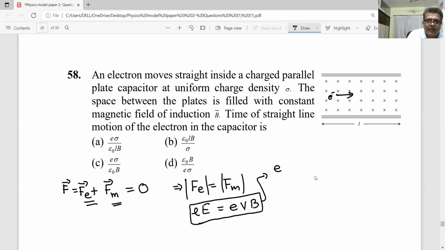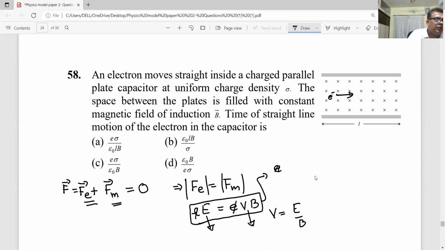E is the expression of the electric force, and this is the expression of the force due to the magnetic field. Velocity we want, because we need the time for the straight line motion. Velocity v is equal to E by B. Correct, E by B.